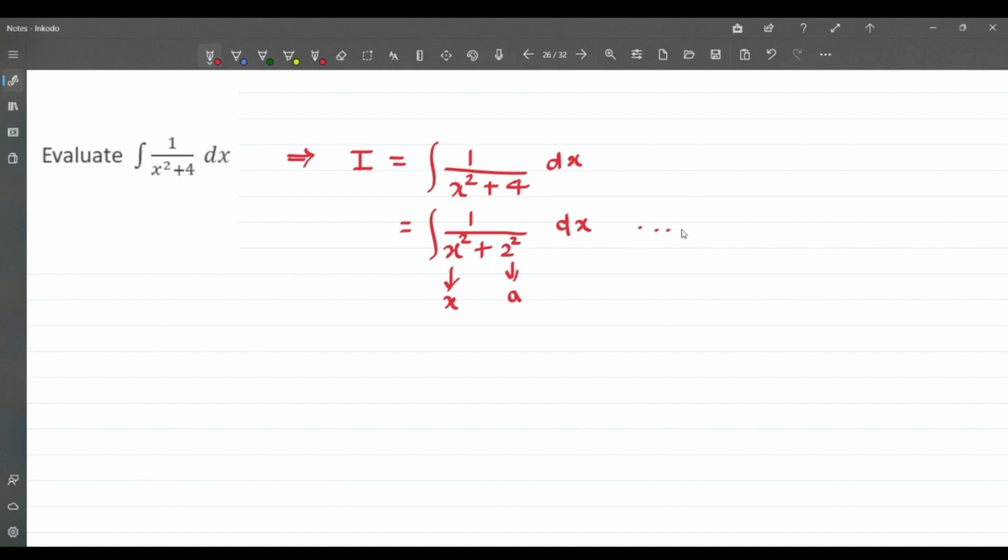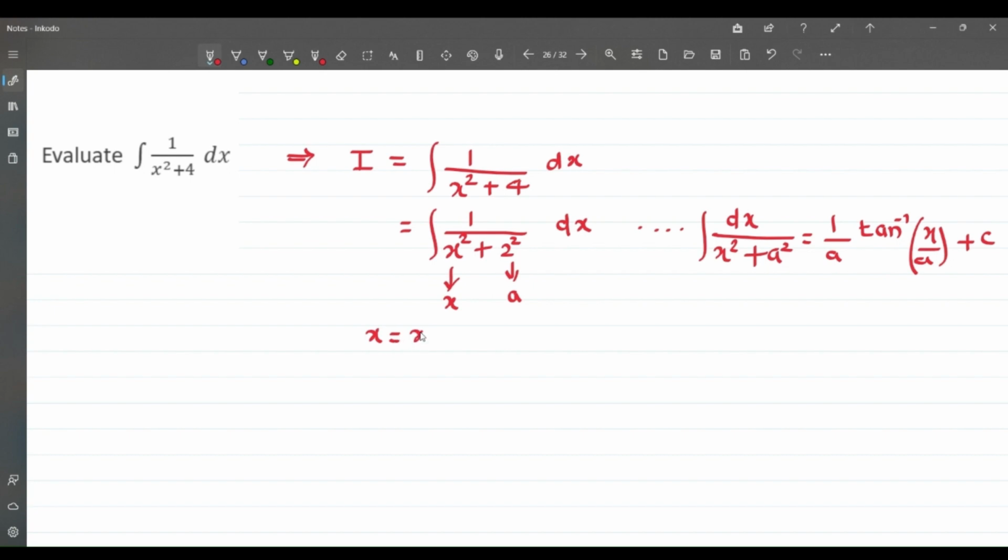So we can use the formula: dx divided by x square, the middle sign is plus and the last term is the constant, so it will be a square. The formula for this is 1 upon a tan inverse x upon a plus c.